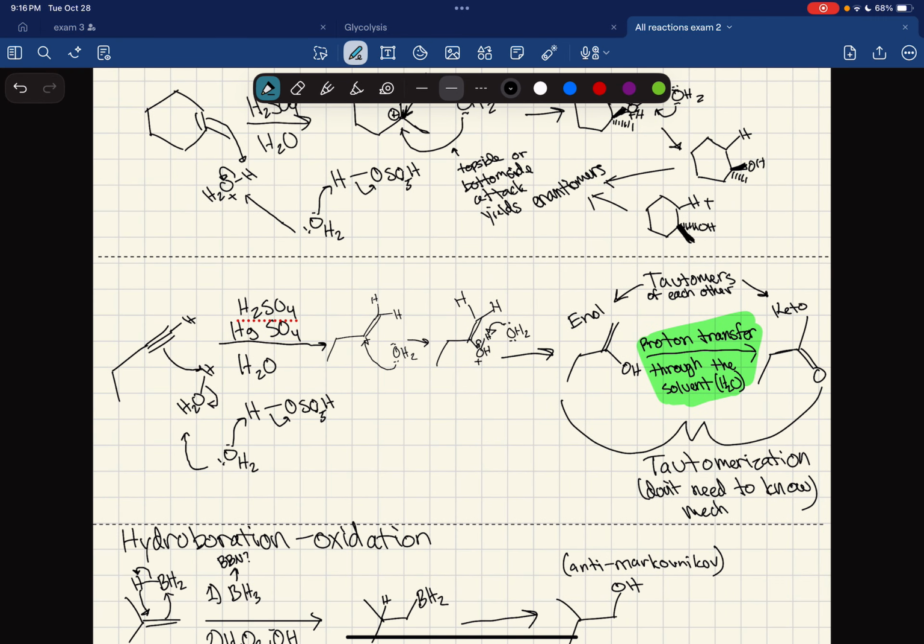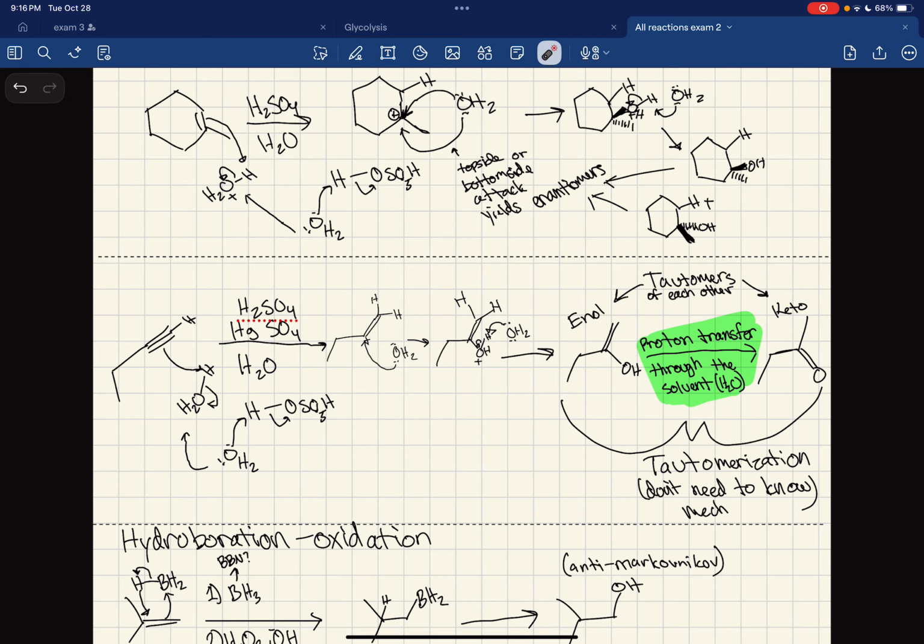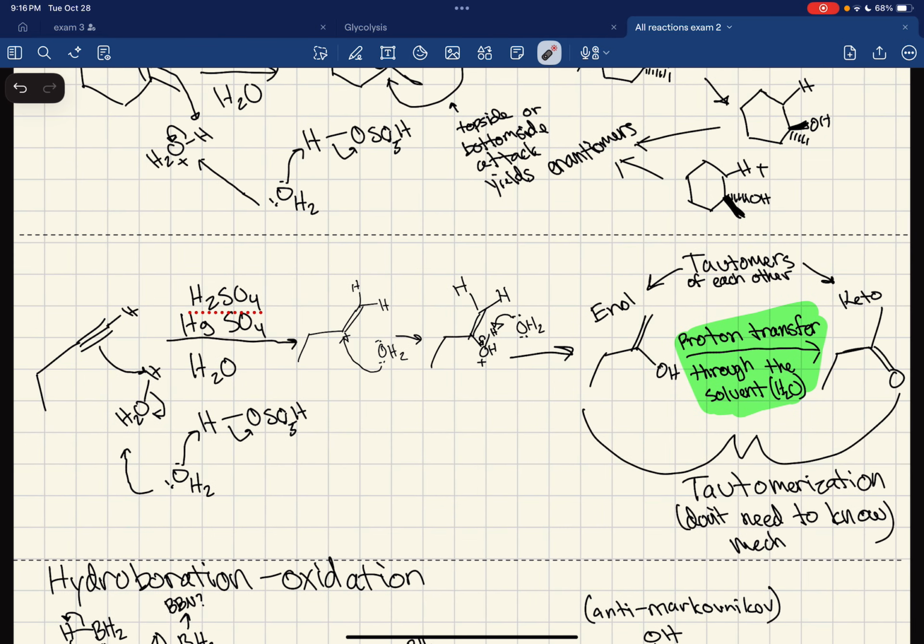And then you get that deprotonation, which will lead to this enol. This is called an enol, this type of structure, where there's a double bond next to an alcohol. And enols are not super stable, and because of that, they will always go through tautomerization, which will lead to the keto form.